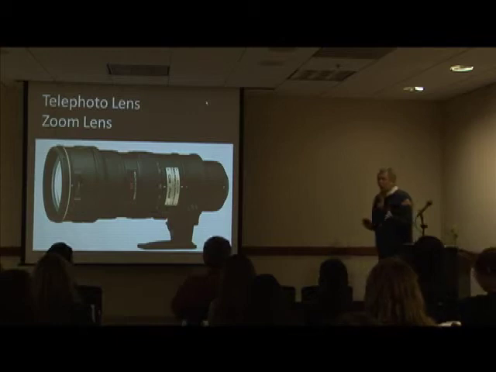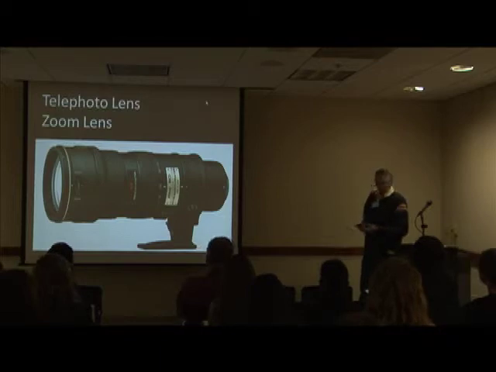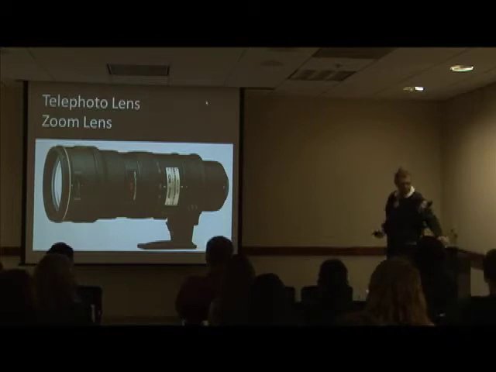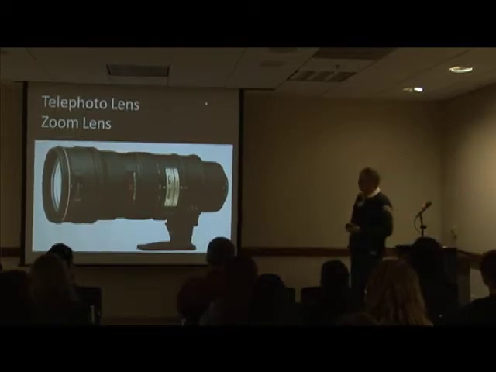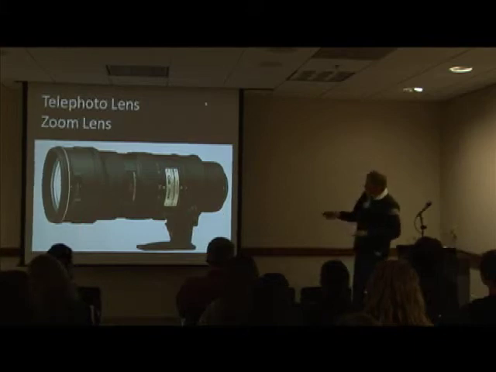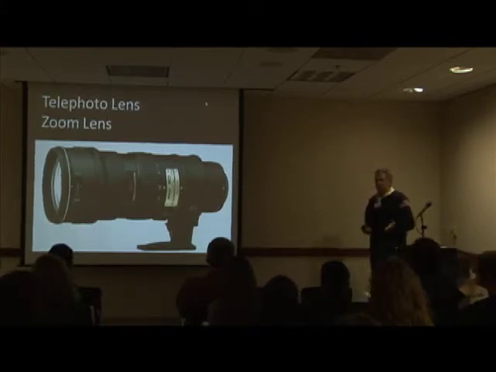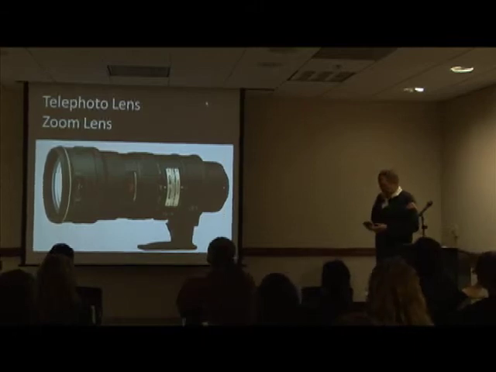Usually the 200 to 400 range is what's easiest to use out on the boat. I don't think you can really handhold a lens longer than about 400 millimeters out there. There's vibration reduction technology now, which kind of helps you out with that.